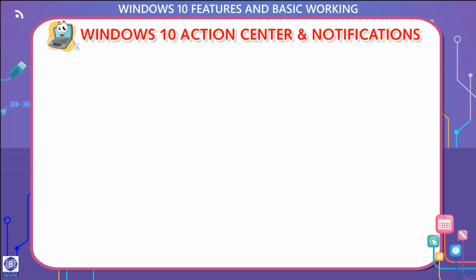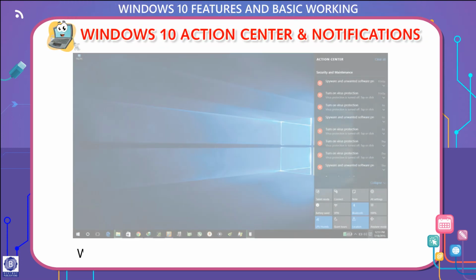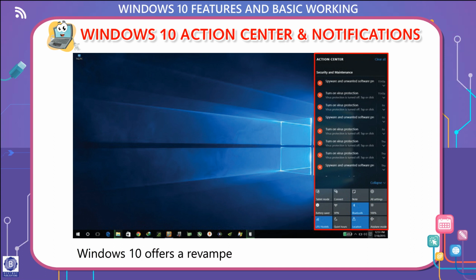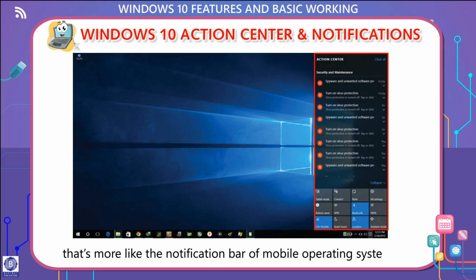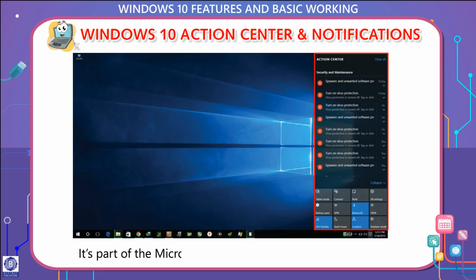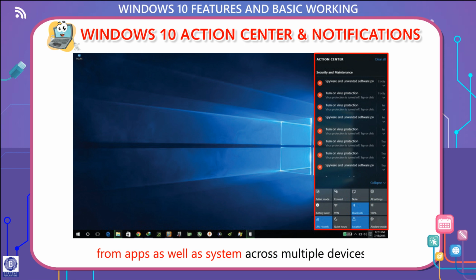Windows 10 Action Center and Notifications. Windows 10 offers a revamped version of the Action Center that's more like the notification bar of mobile operating systems. It's part of Microsoft's dream of Windows everywhere. It's a unified notifications area that will show notifications from apps as well as system across multiple devices.